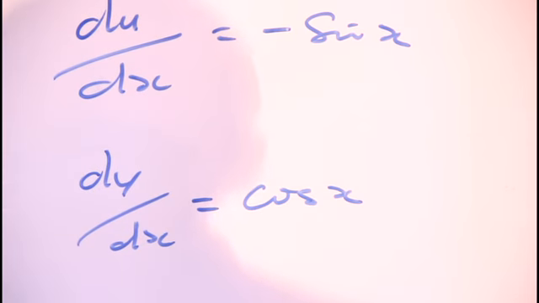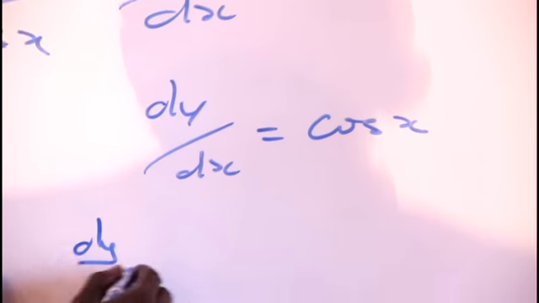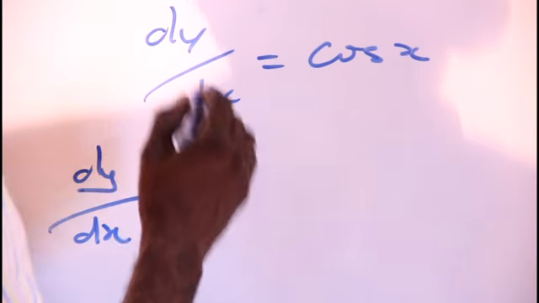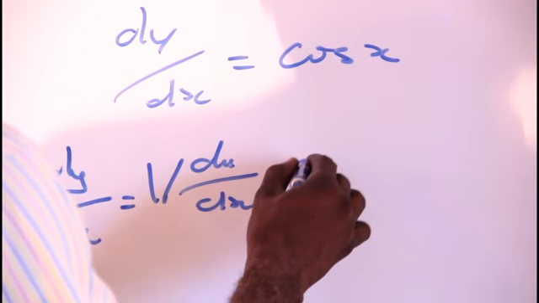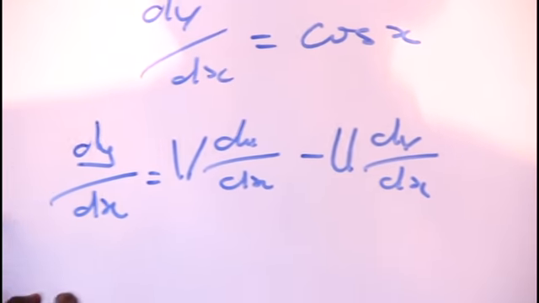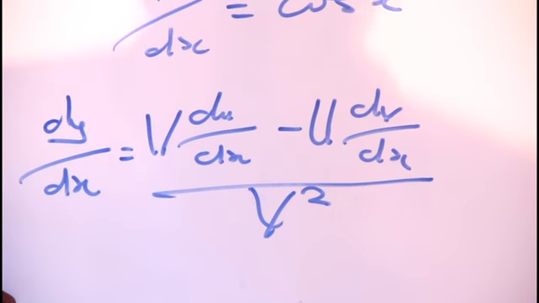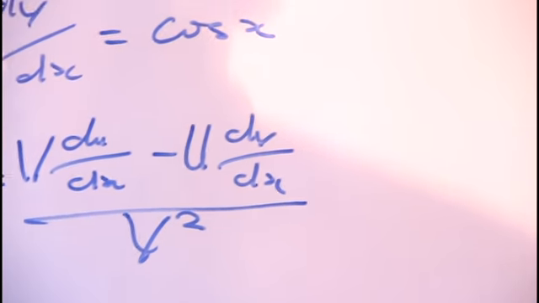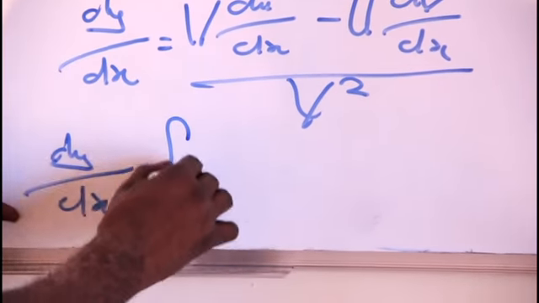Now let's substitute into the quotient rule formula. We now have dy over dx will be equal to v du over dx minus u dv over dx, all over v squared. That implies that we'll end up having dy over dx being equal to, now what is our v?